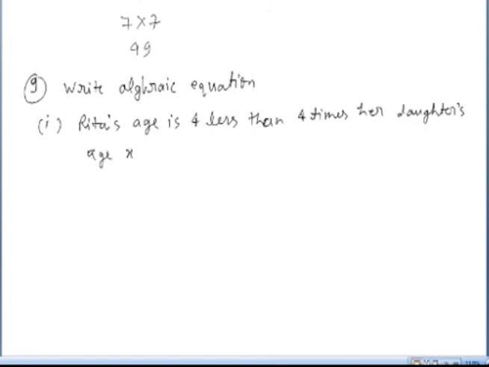Let her daughter's age be X. So Rita's age is 4 less than 4 times her daughter's age X. So 4 times the daughter's age X is 4x. Okay, and Rita's age is 4 less means minus 4. So this will be the equation.